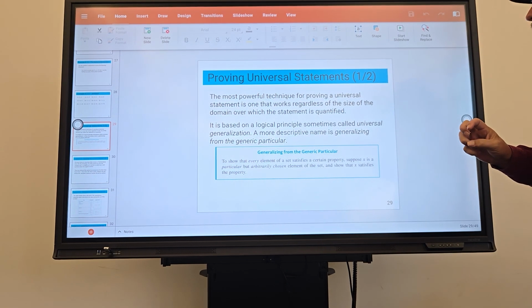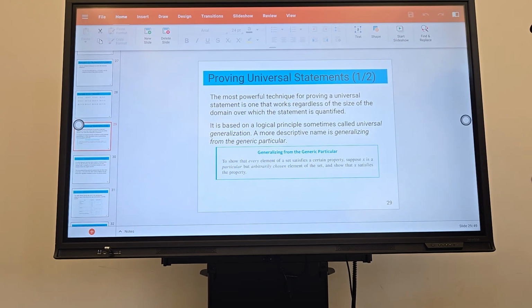This is based on a logical principle, sometimes called universal generalization or generalizing from a generic particular. To show that every element of a set satisfies a certain property, suppose x is a particular but arbitrarily chosen element of the set, and show that x satisfies the property.